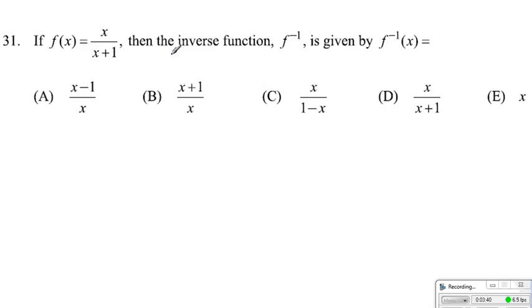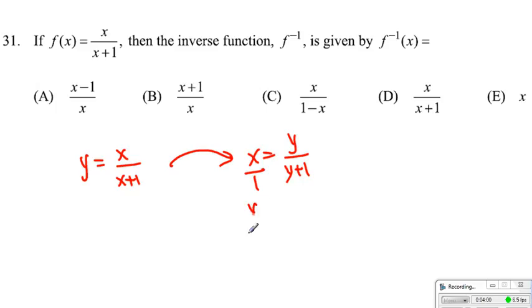Alright, so here we have what is the inverse function. All we have to do is, let us say y equals x over x plus 1. Then getting the inverse would have been x equals y over y plus 1. Then by cross multiplying, we get y equals xy plus x.